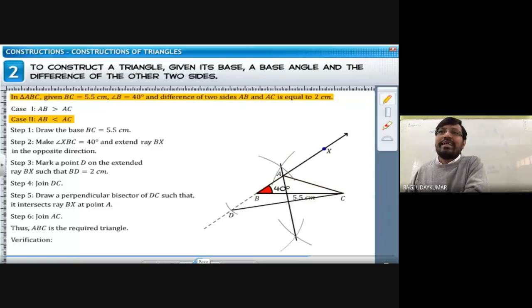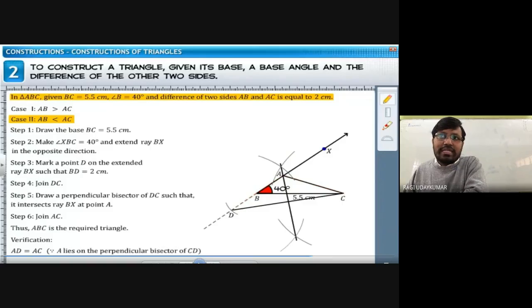Now how is it right? Let us see here, how is this true? See here, what is actually given? As per the perpendicular bisector property, AC length will be equal to AD, because A is a point on the perpendicular bisector of DC.